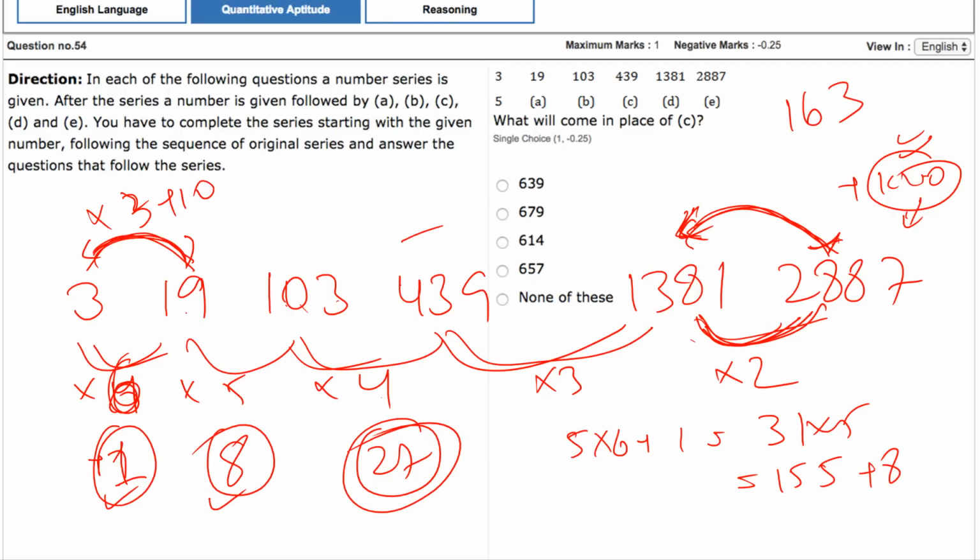Now 163, what we have to do? 163 into 4, right? Which is nothing but 652, plus 27. 652 plus 27 will give me 679, right?